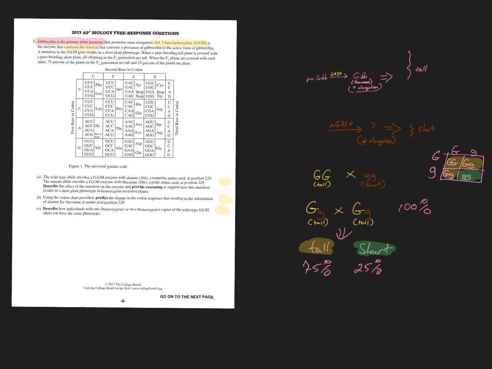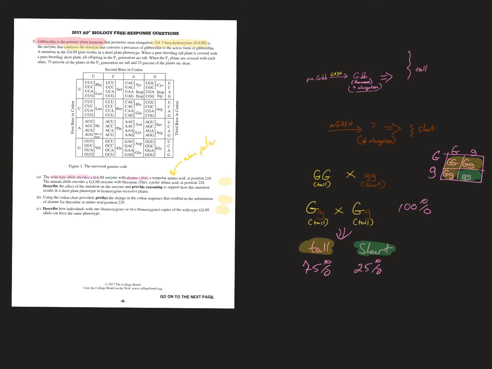So the wild type allele has alanine in it, a non-polar amino acid, at position 229.